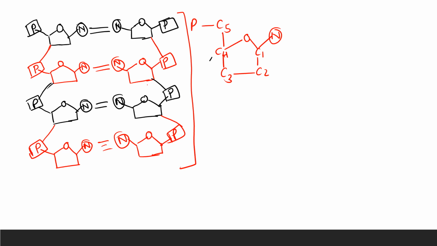So what we did when we were making these two chains, we joined these two nitrogen, right? So again, I have just opened the structure and I'm making these two chains again, right? So next, the similar nucleotide I'm making, C1, C2, C3, C4, and here we have C5, and we have phosphate and nitrogen, right?